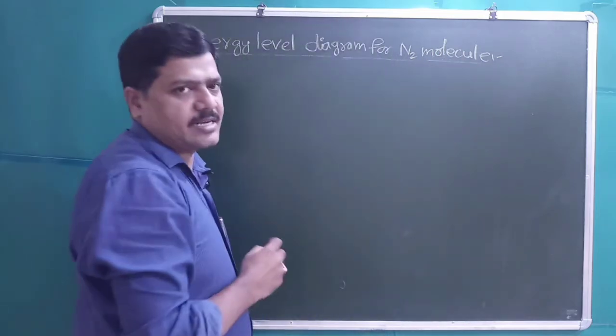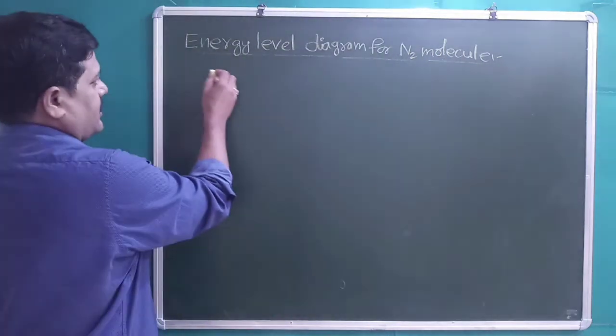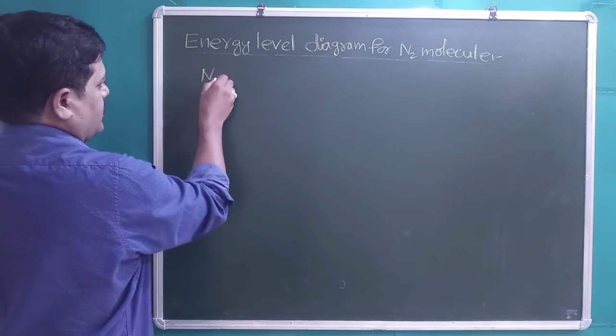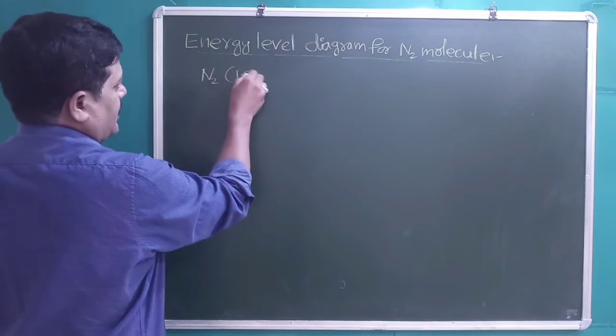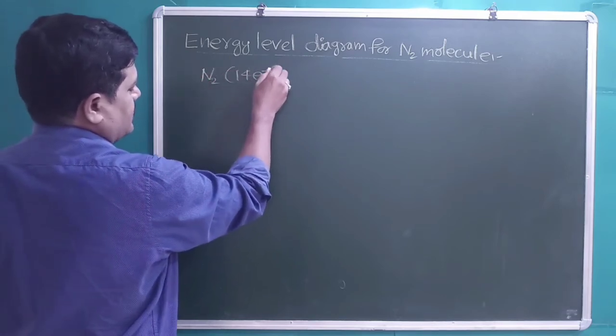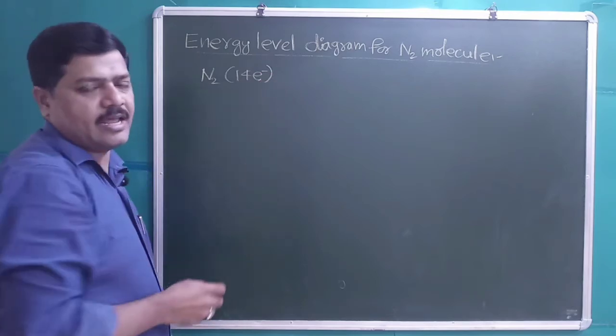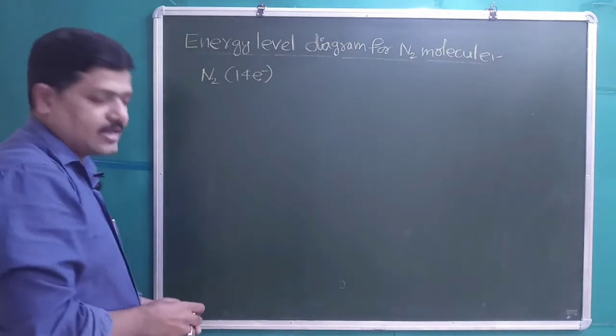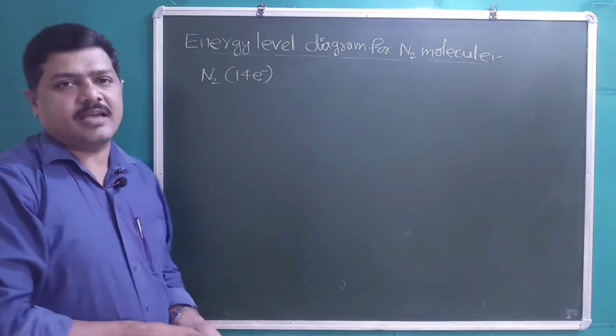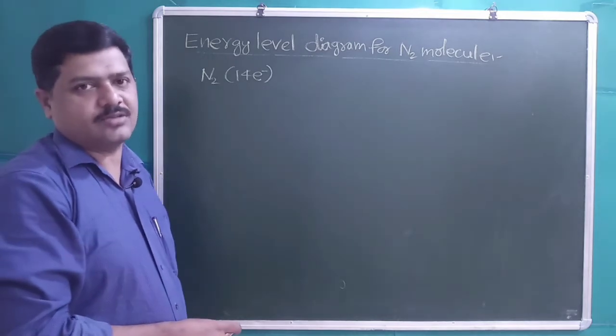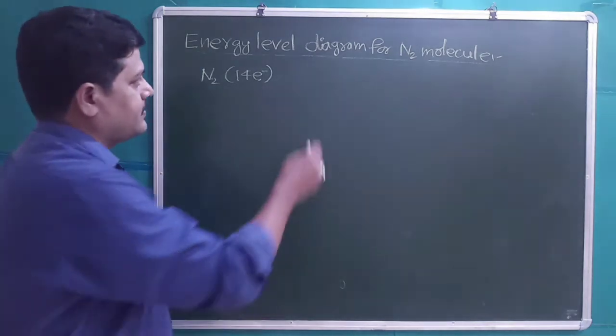First, let us write the electronic configuration for the N2 molecule. The number of electrons is 14. Up to 14 electrons, it is assumed that there is 2s-2pz intermixing.